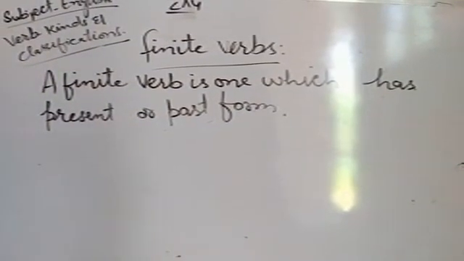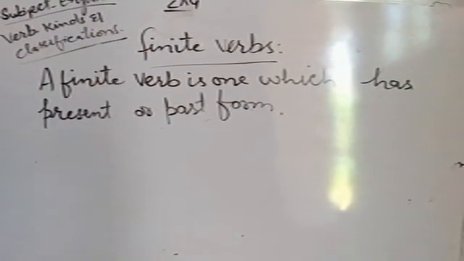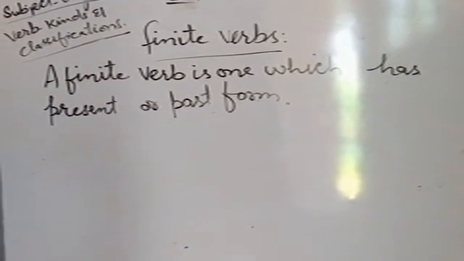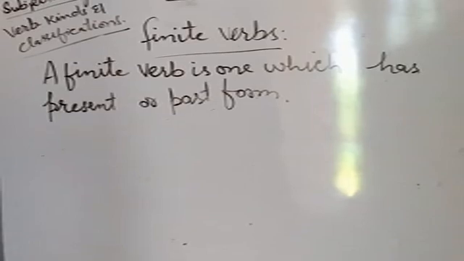A finite verb is one which has the past or present form. It always has a subject. In other words, a finite verb denotes action performed by a subject.